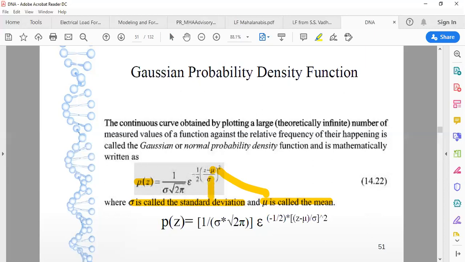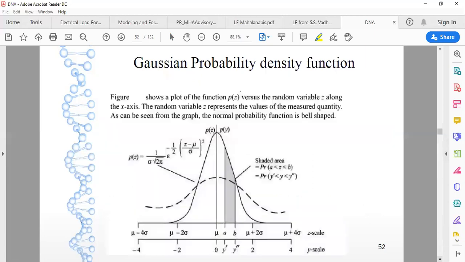Now if we discuss the plot, it has a bell-shaped curve. From this we can directly observe that the value mu occurs the maximum number of times. Hence it attains the peak at mu. Here the y scale represents the absolute value, while the z scale becomes the normalized value.